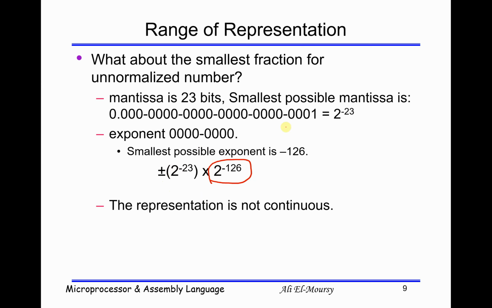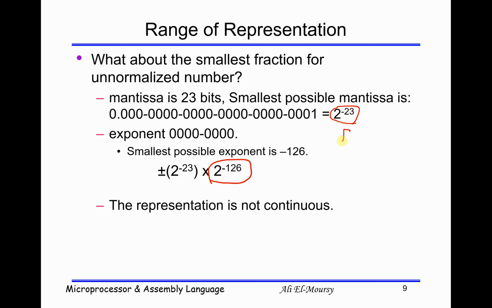And for the fractional mantissa, it's non-normalized, so I will take it as it is. This is exactly the same number that we created 2 slides back. So the smallest fraction is when I have 1 in the least significant bit and zeros otherwise, without the normalization, because it's an unnormalized number. That means the value for the fraction is 2 to the power minus 23.